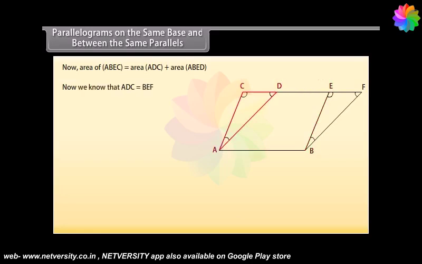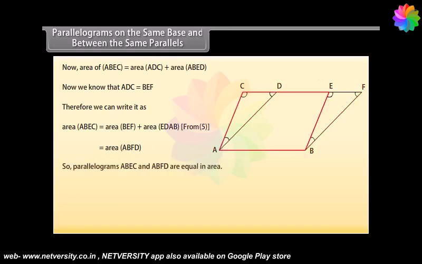Now we know that ADC is equal to BEF, therefore we can write area ABEC is equal to area BEF plus area EDAB from 5, which is equal to area ABFD. So, parallelograms ABEC and ABFD are equal in area.